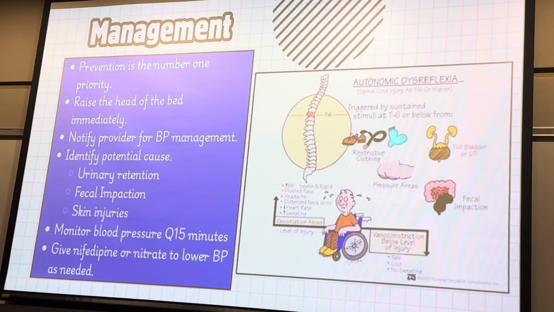So I really like this picture on this slide. It shows you T6 or below, usually we're going to have that autonomic dysreflexia, things that are going to cause it, and the symptoms you'll see as well. Okay? Questions about autonomic dysreflexia?